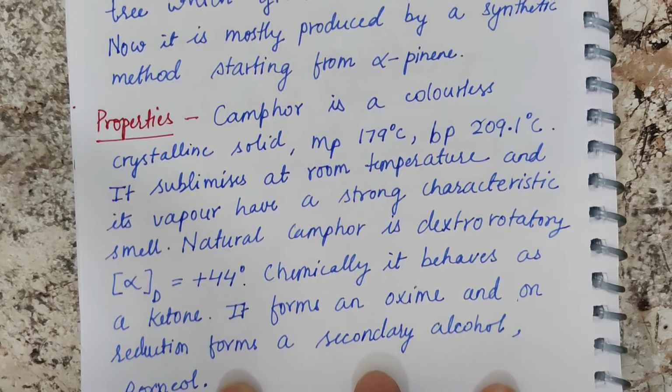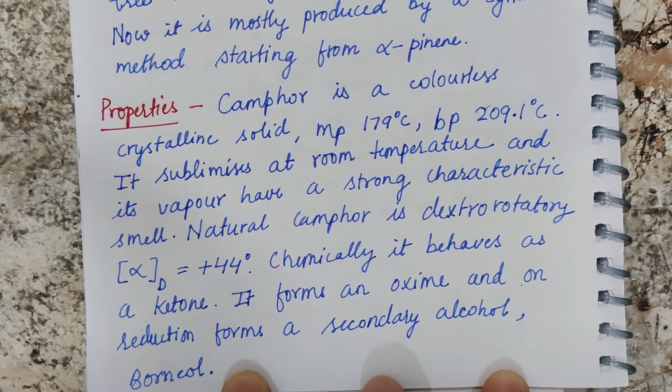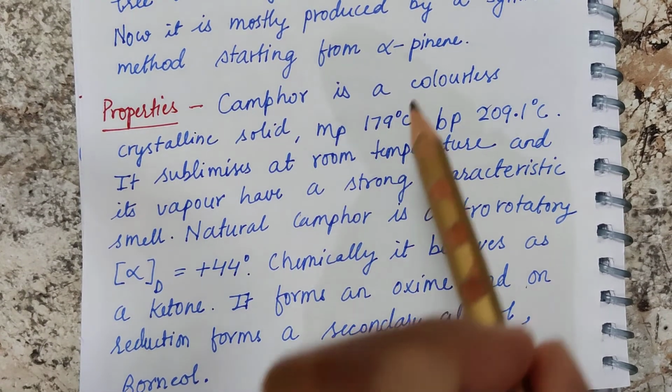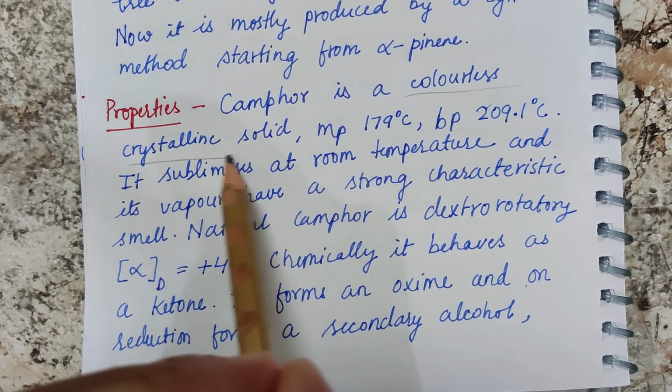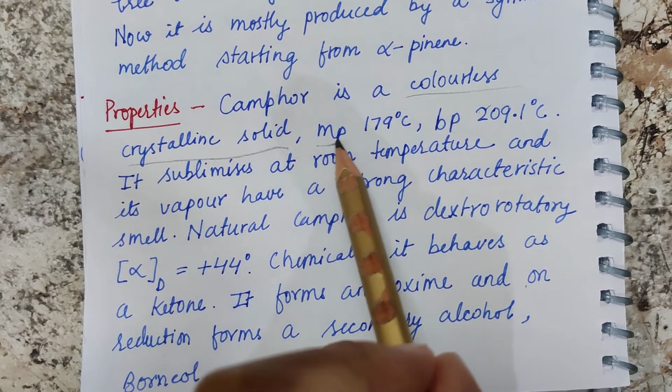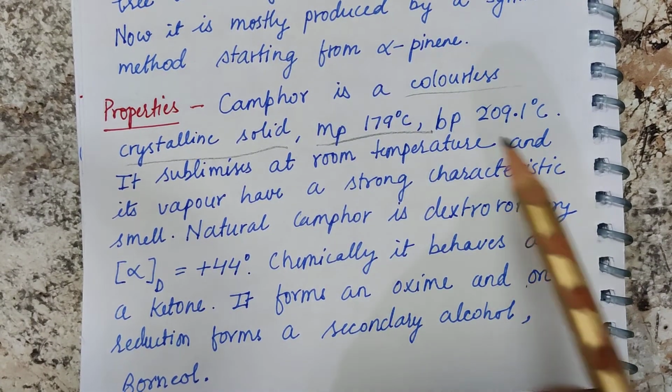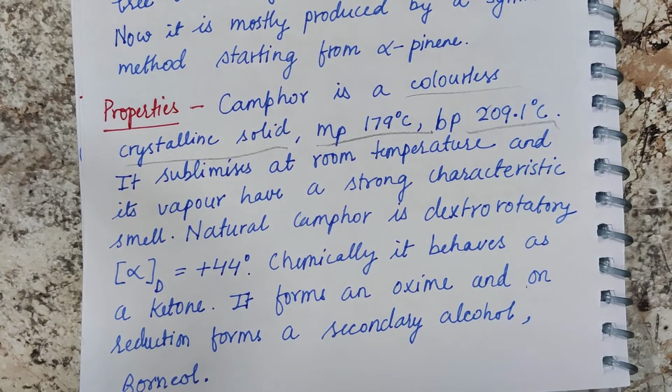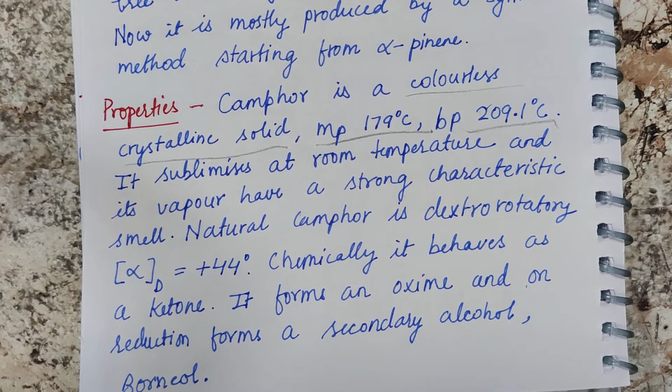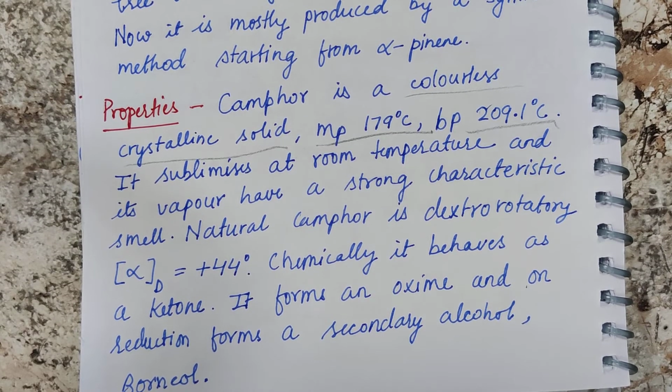If we discuss the properties, camphor is a colorless crystalline solid. Melting point 179 degrees Celsius, boiling point 209.1 degrees Celsius. It sublimes at room temperature. And vapors have a very strong characteristic smell.